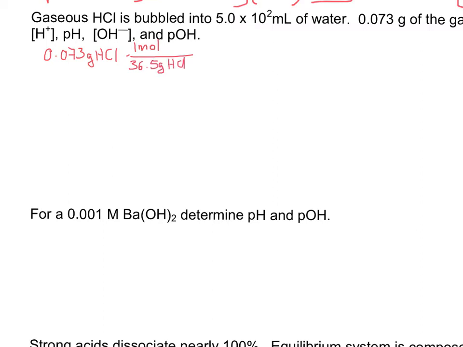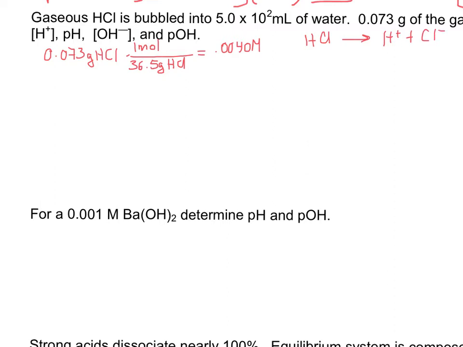And so that gives us 0.0040 molar. And we know that this is a strong acid, so HCl 100% dissociates into H plus and Cl minus.